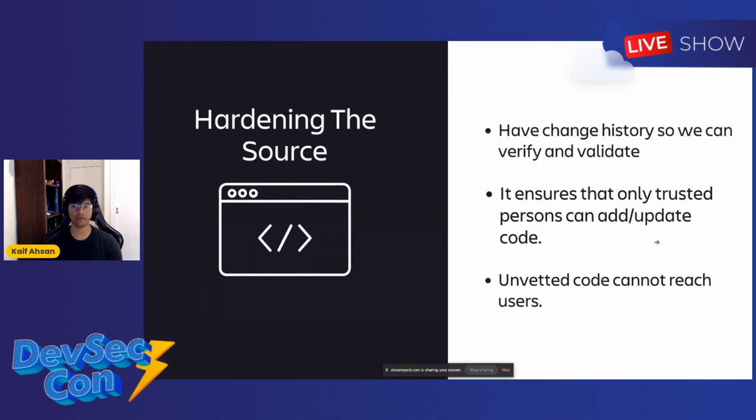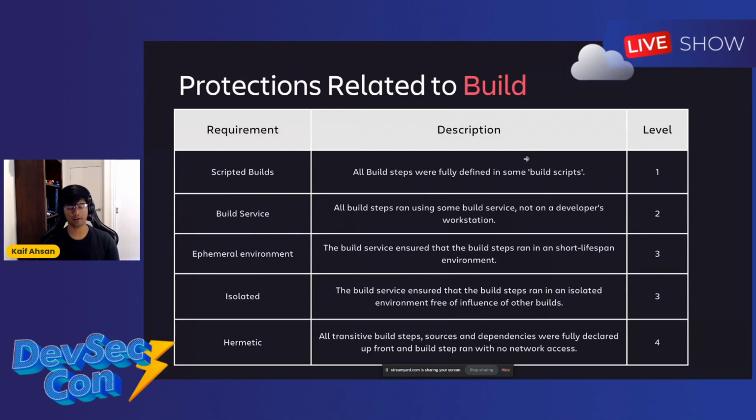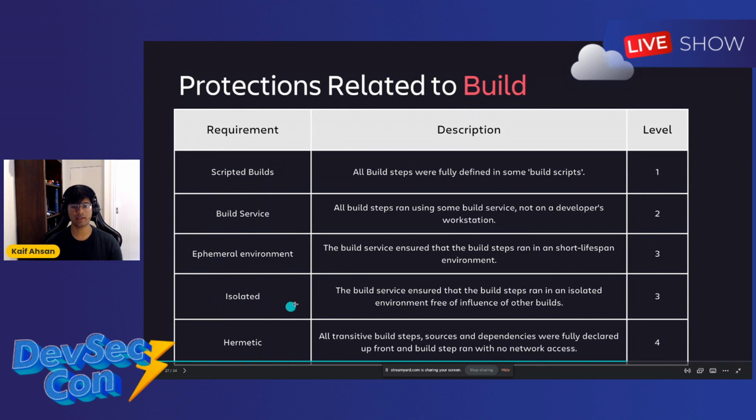Similarly, let's have a look at some of the things SLSA is trying to do with build. Again, it provides us with a lot of actionable items, from making our builds scripted and automatic to hardening the build environment by making it more isolated, short-lived, with no internet access, and so on.